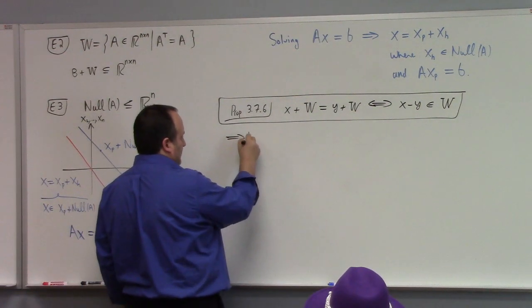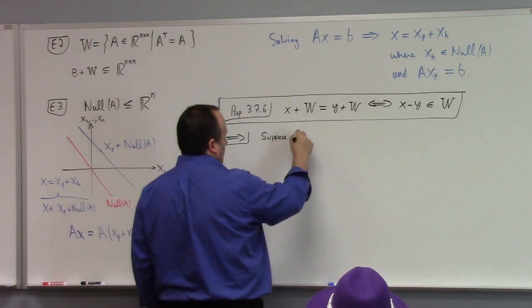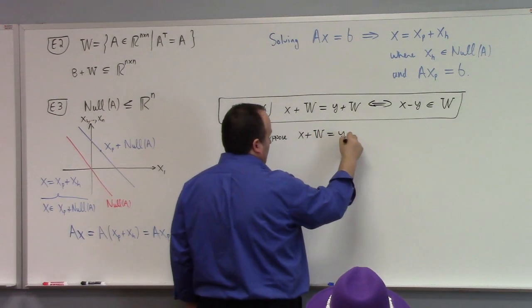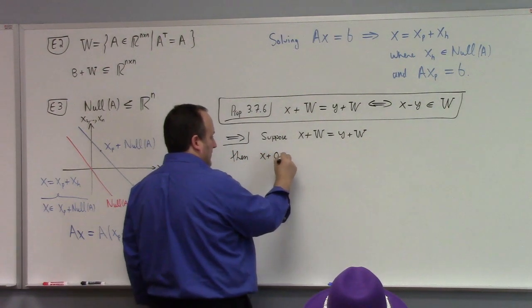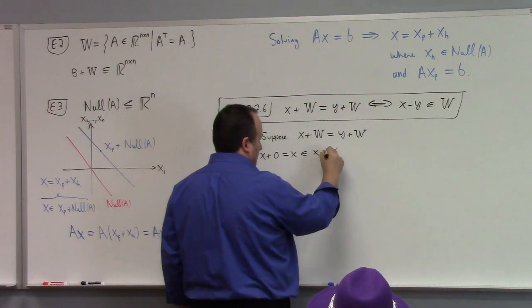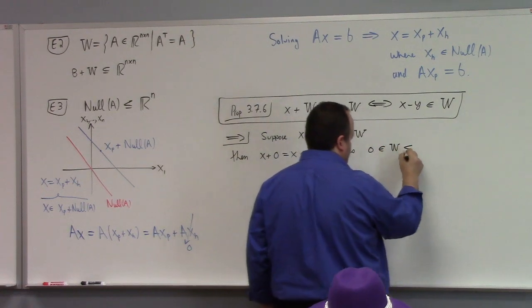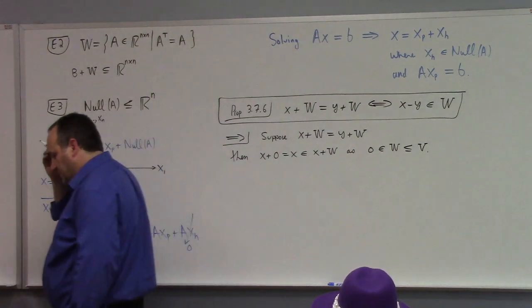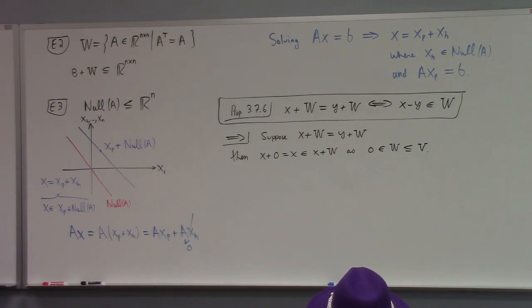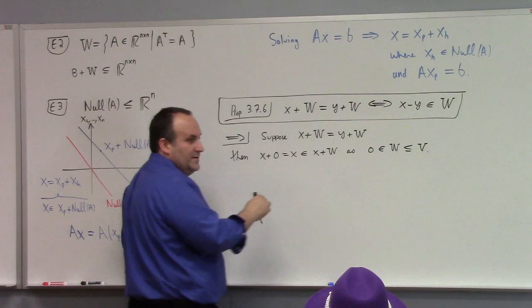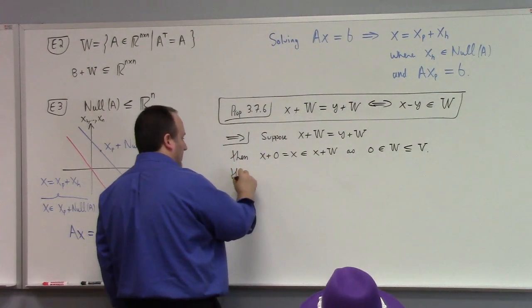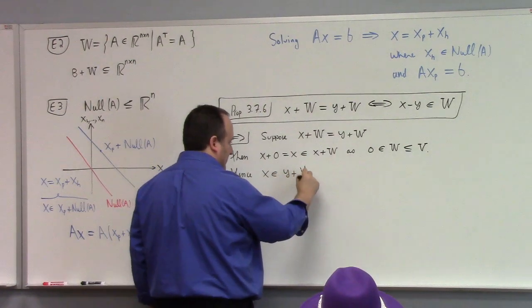So we'll go this direction, all right? Suppose X plus W is equal to Y plus W, right? Then X plus 0, which equals X, is an element of X plus W, as 0 is an element of W, which is a subspace of V. So first order of business, since 0 is in the subspace, and the coset is X plus anything in the subspace, the representative itself must be an element of its coset. So X is an element of X plus W. But if these sets are equal, X is an element of Y plus the set W, right?